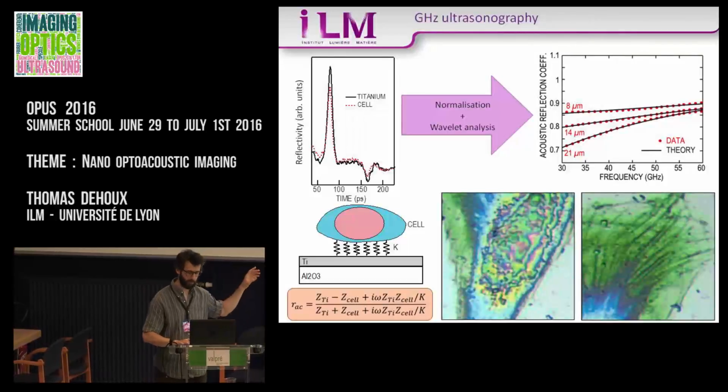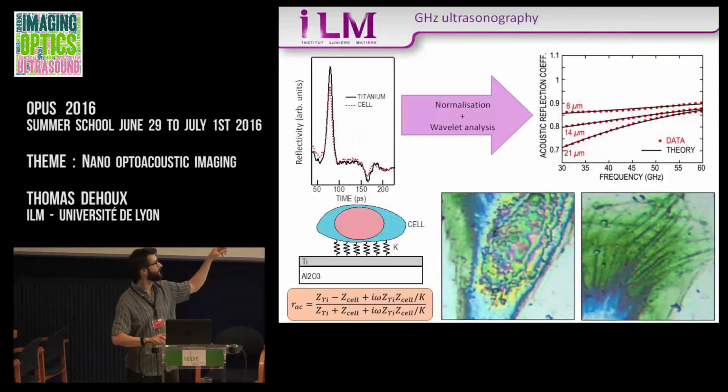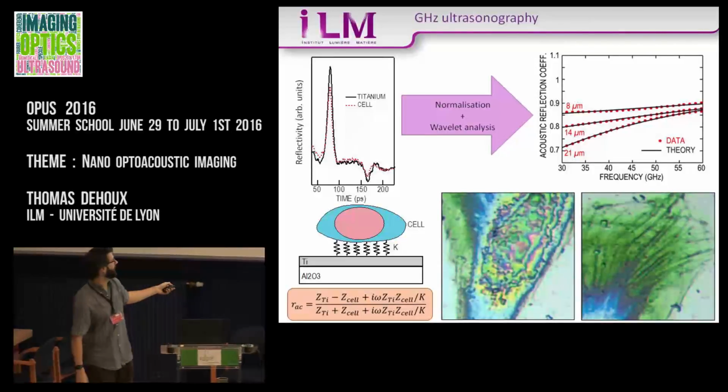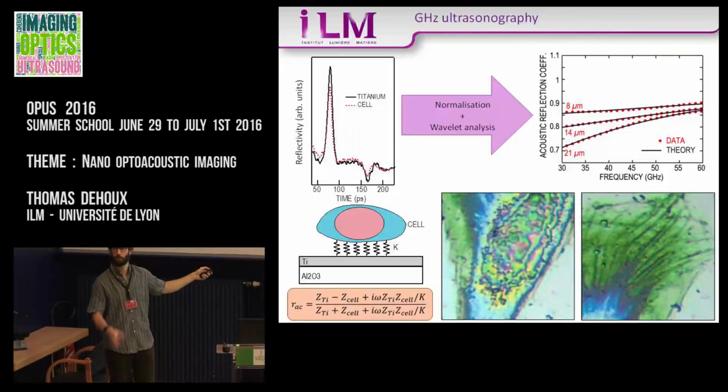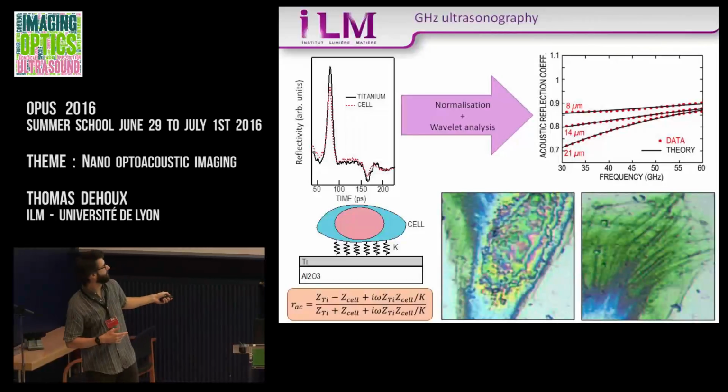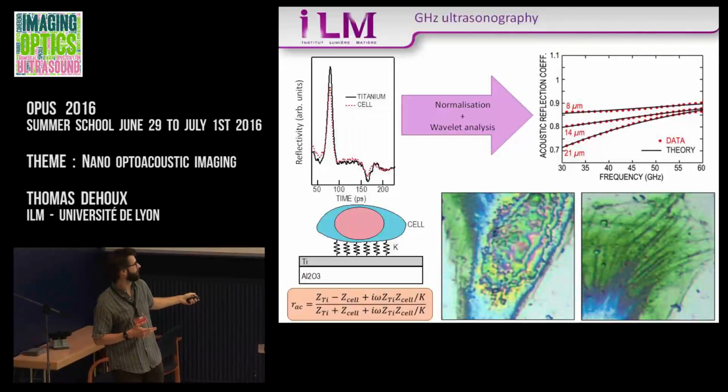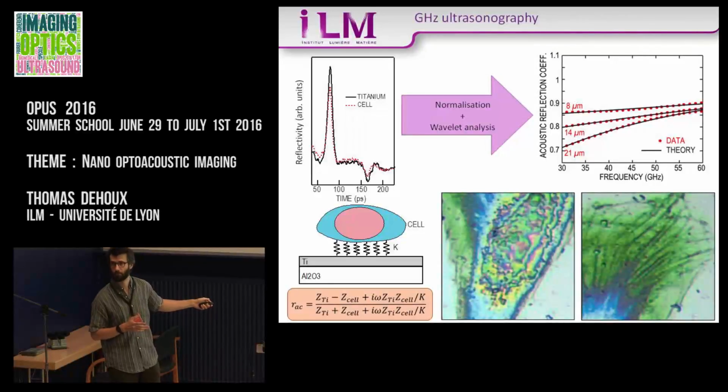So if you have a frequency dependence, it means you have a defect in adhesion, which we can model simply by adding massless springs between the cell and the metal. We can calculate the theoretical acoustic reflection coefficient here that depends on the acoustic impedance of the metal, which we know, the acoustic impedance of the cell, and also a frequency dependent term that comes from the presence of this massless spring.